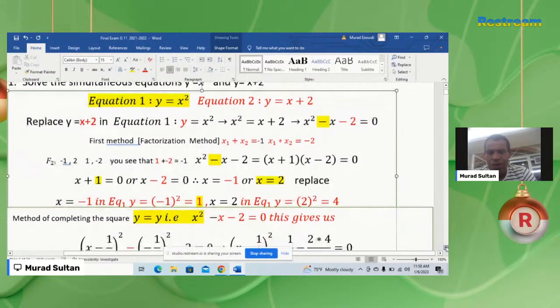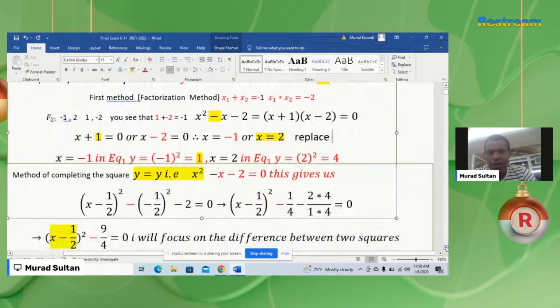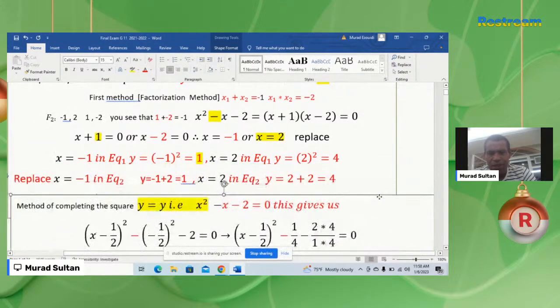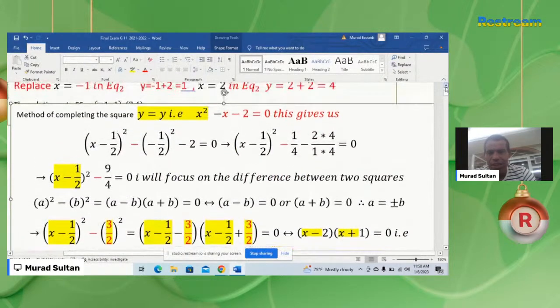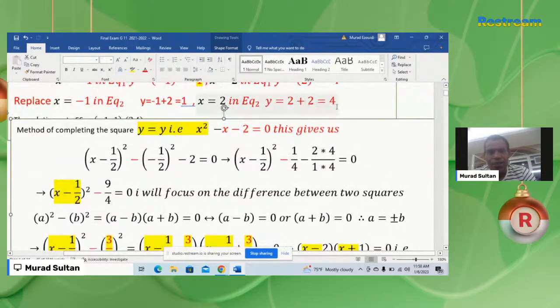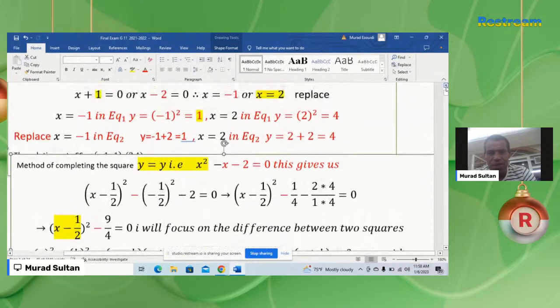Now, learners, you can see that I want to find the value of y because I found the value of x. We replace x with minus 1 in equation 2. So we get y equals minus 1 plus 2, which is 1.